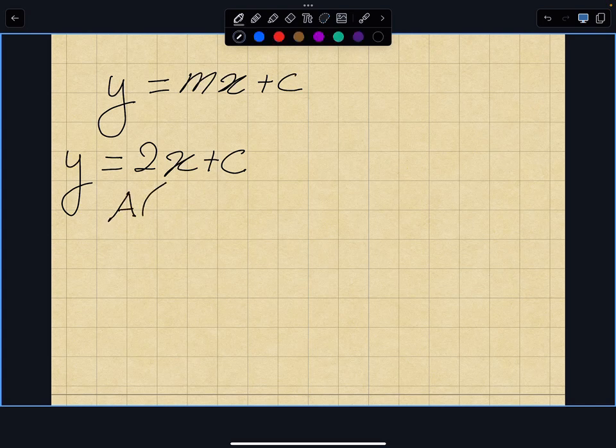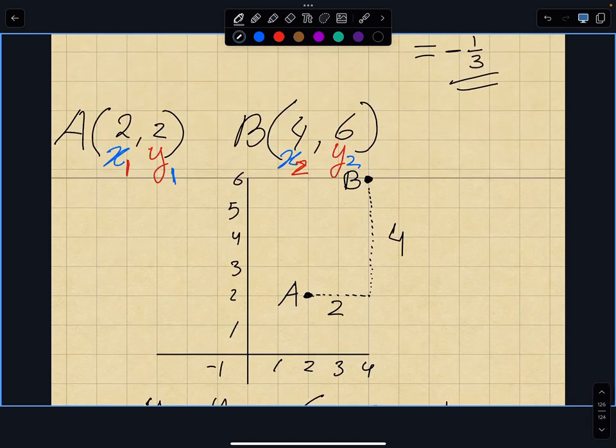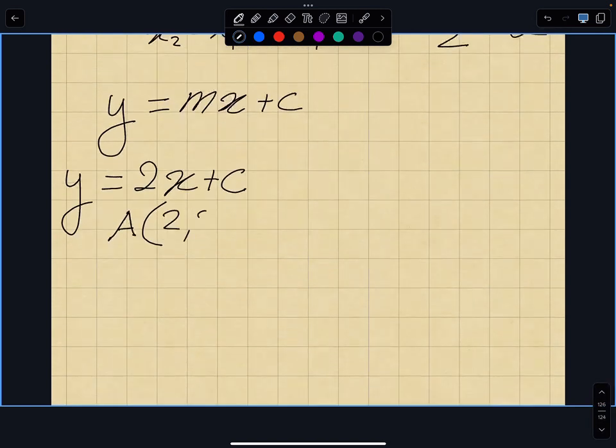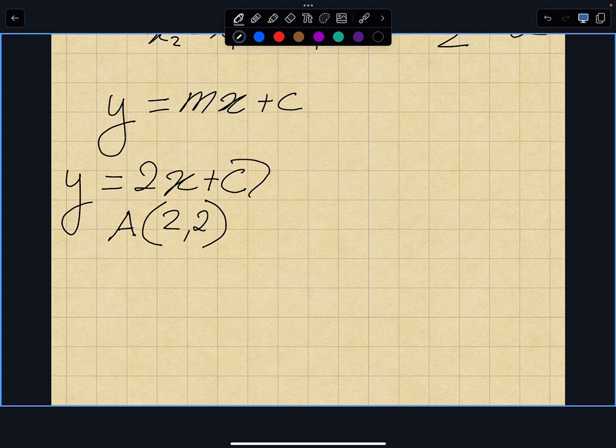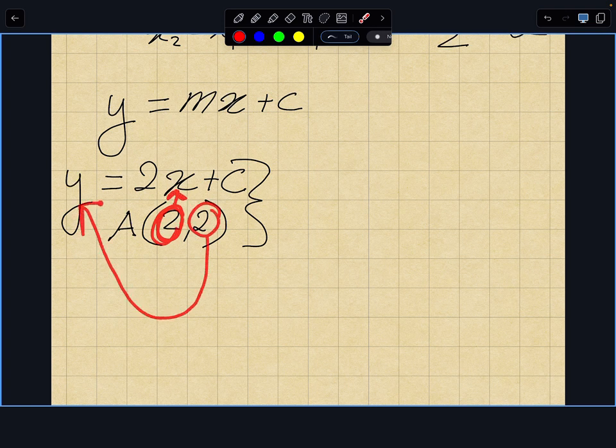You have A, which is 2, 2. Do not forget, the first 2 is the x value. The second 2 is the y value.